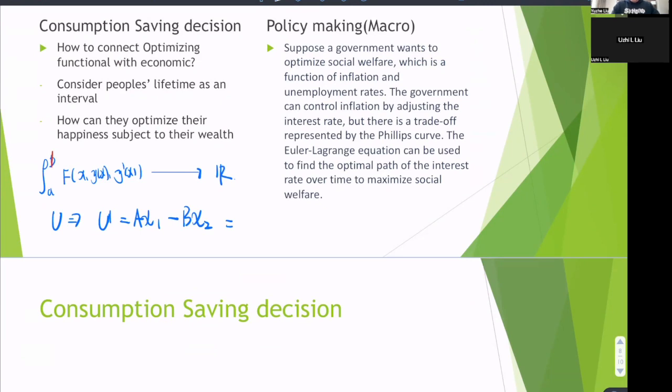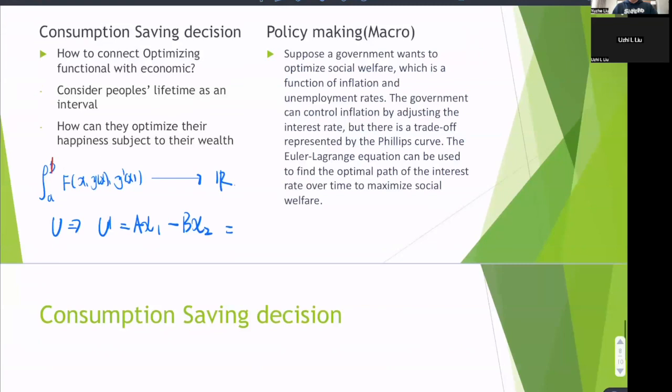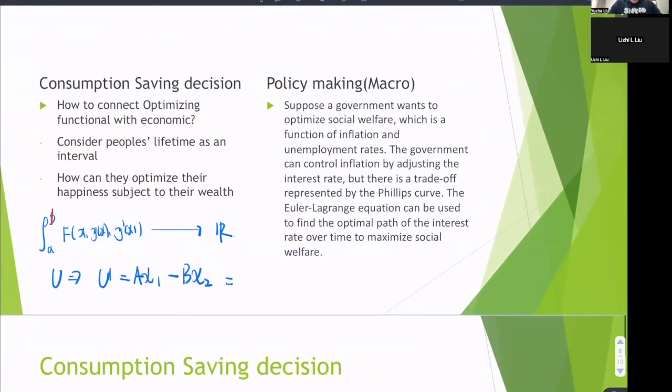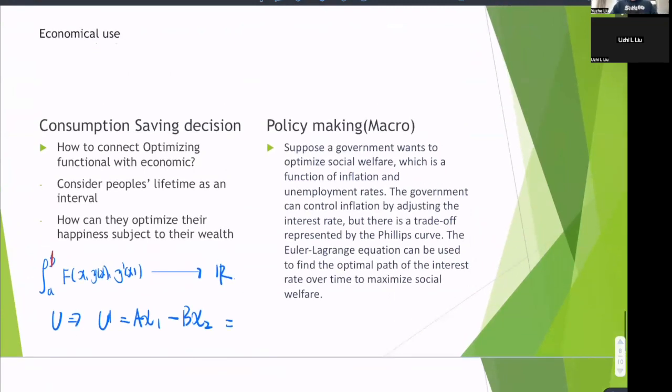That's basically what a utility function does. It's a way to measure your happiness as a number, because happiness is really hard to quantify. So in economics, we provide a way to deal with it. Consumption saving decisions basically mean we consider people's lifetime as an interval and maximize our happiness subject to our budget constraints.